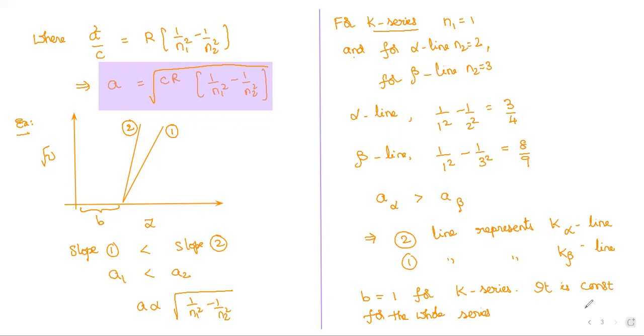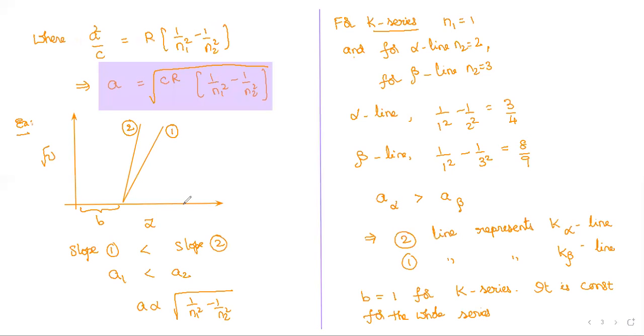And he found the second one, B is nearly 7.6 for the L series. B being more means the lower elements can't give the L series, what he found.